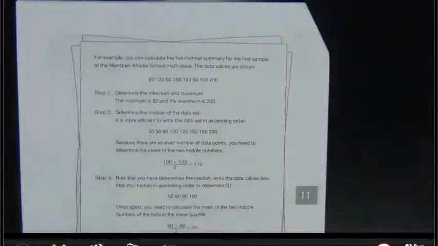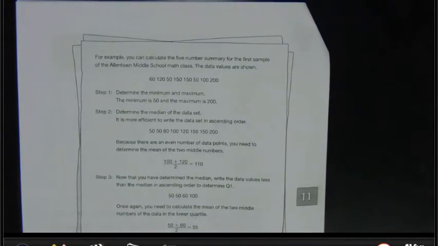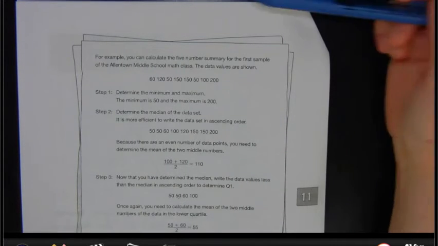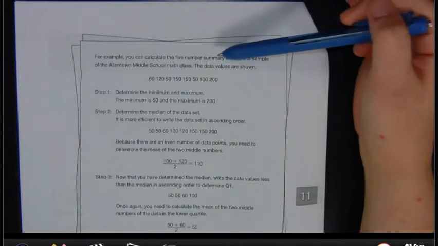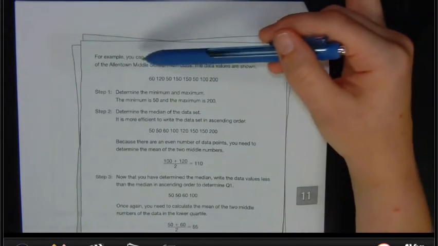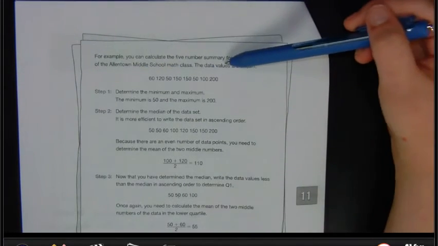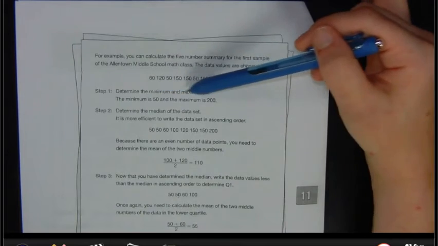For example, you calculate the 5-number summary of the first sample. All right. And the last thing that we need to look at is our 5-number summary here. For example, you calculate the 5-number summary for the first sample of the Allentown Middle School math class. The data values are shown. Determine the minimum and maximum.